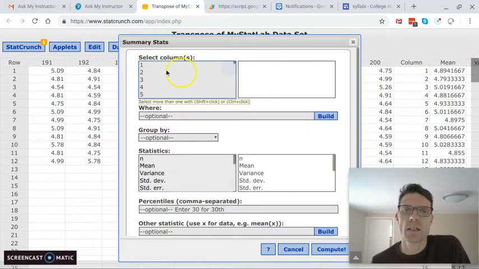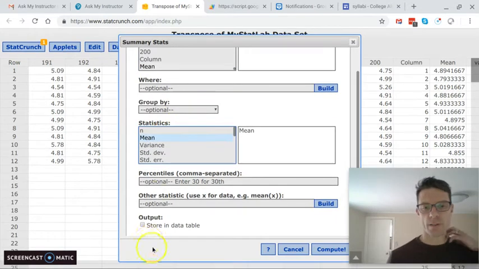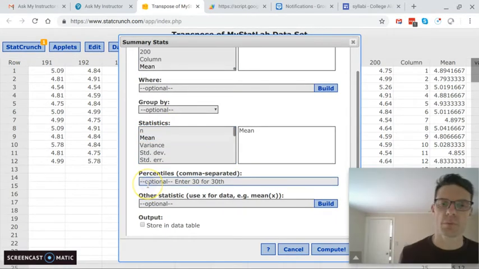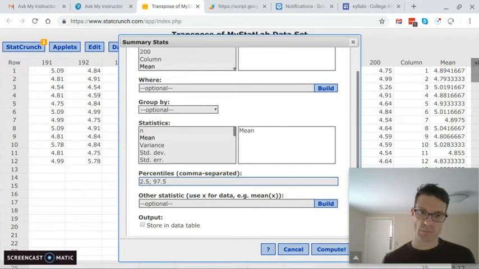Again, it's in columns. This time I just want the column labeled mean. And here's where I can insert the percentiles: 2.5 comma 97.5. And here we just compute.